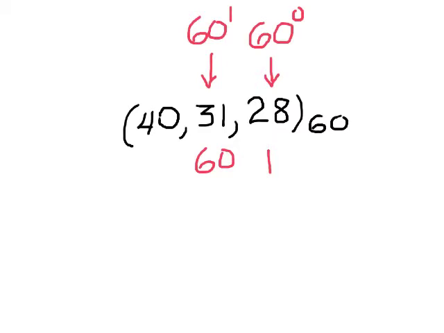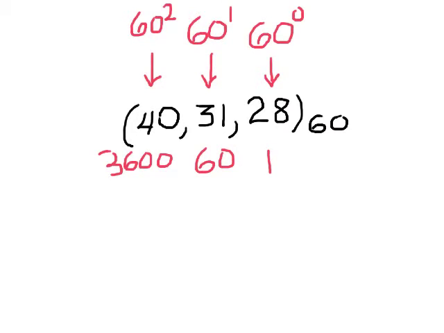And if we continue in this fashion, the next power up will be 60 to the second power. If you check this on a calculator, you can see that 60 to the power of 2, or 60 squared, is 3,600.